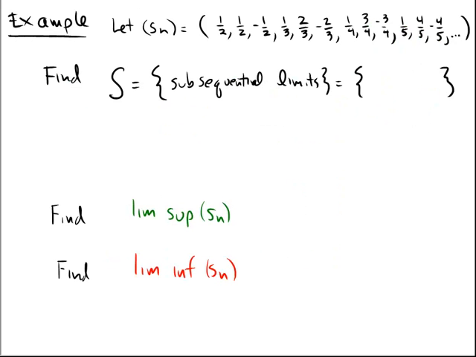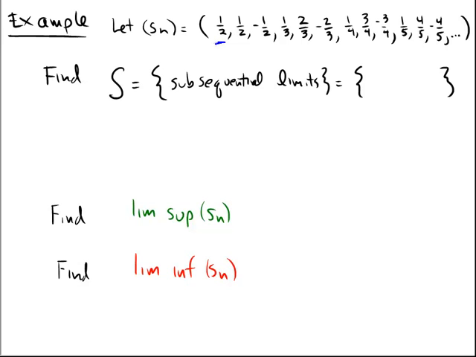Okay, so consider this crazy example. 1/2, 1/2, negative 1/2, 1/3, 2/3, negative 2/3, etc. You can see it written there. We're going to find, first of all, S, which is the set of all subsequential limits. So first let's find the blues. I'll underline some of these terms in order.